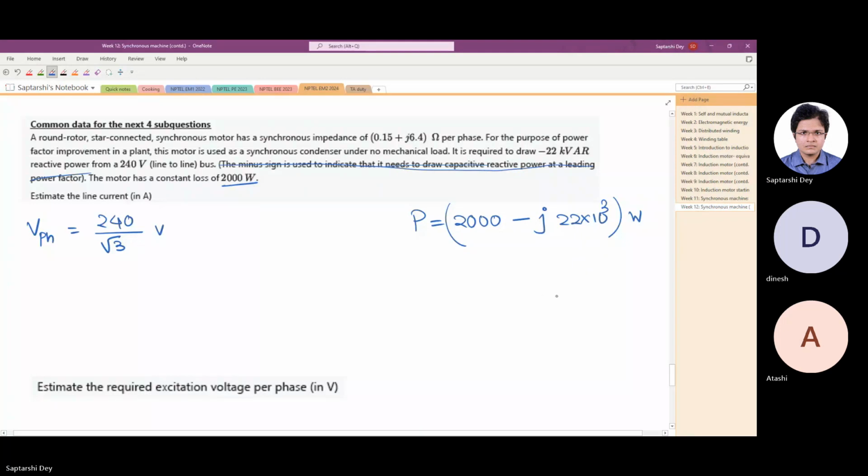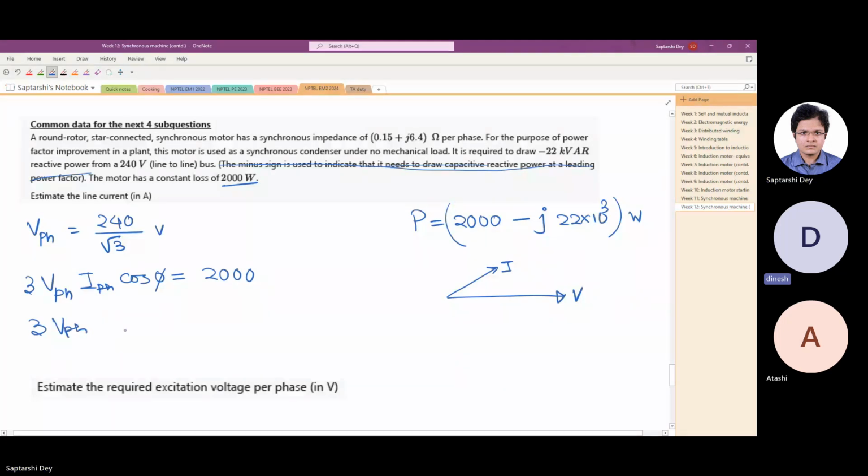Now this is the voltage V, this is the current I. So we can say V phase, I phase, cos phi. 3 times V phase I phase cos phi is the active power, and 3 times V phase I phase sin phi is the reactive power.